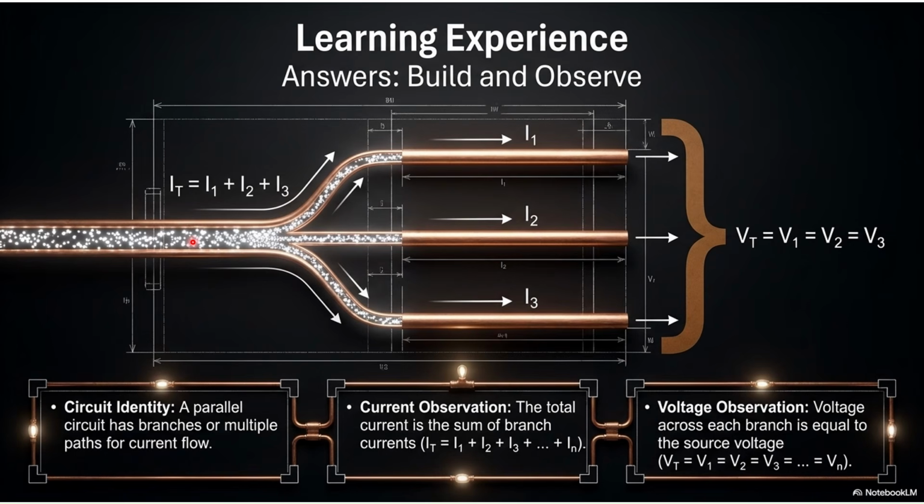So if it is parallel, current 1 goes to the first wire, current 2 goes to the second wire, and current 3 goes to the third wire. But when it comes out here, if you measure the voltage, V total, V sub T, or volts total, is equal to V sub 1 is equal to V sub 2 is equal to V sub 3.